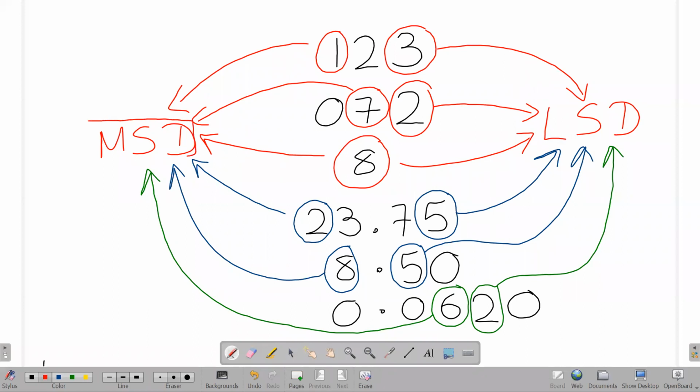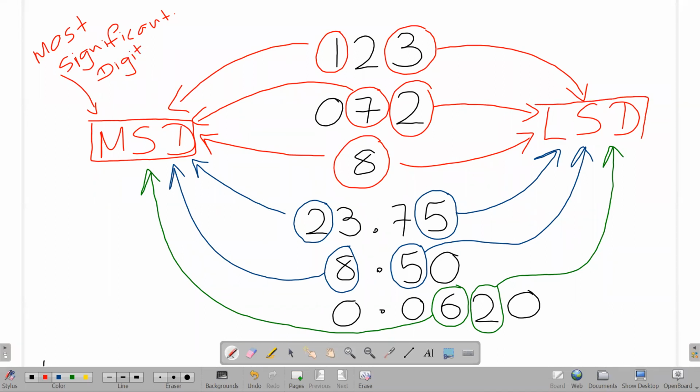Later means you can make a square and say MSD stands for most significant digit. LSD stands for least significant digit.